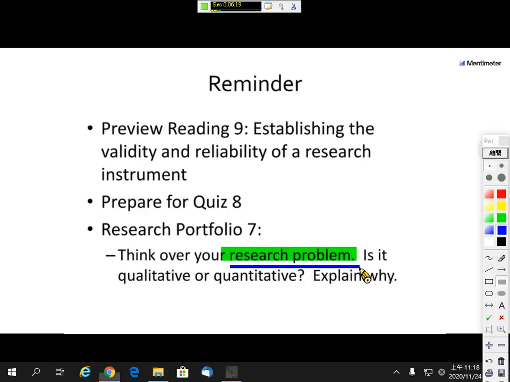Can you do that? And ask yourself, is your research topic qualitative or quantitative? And explain why.